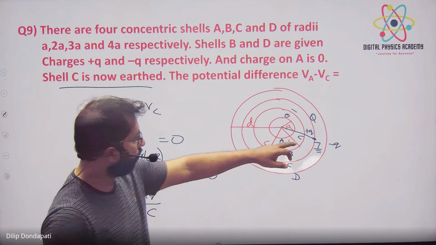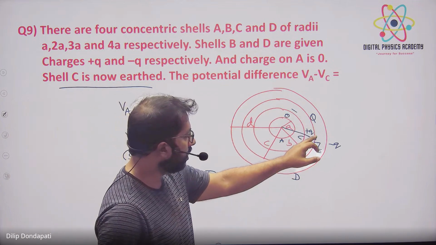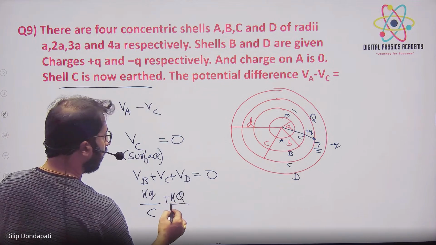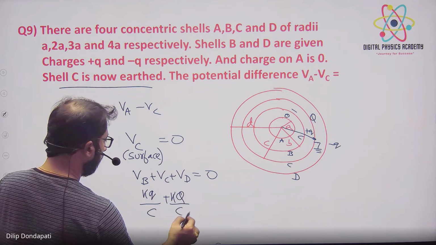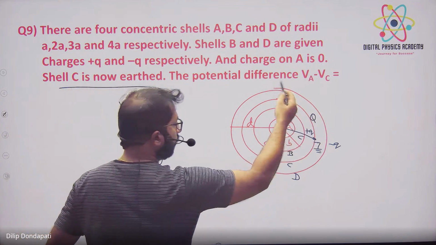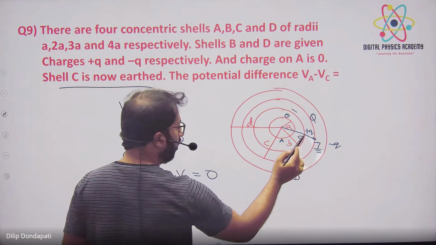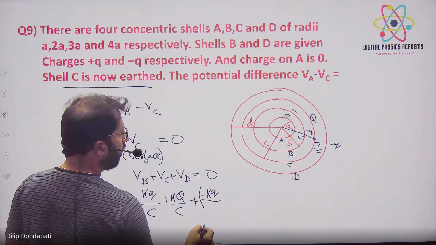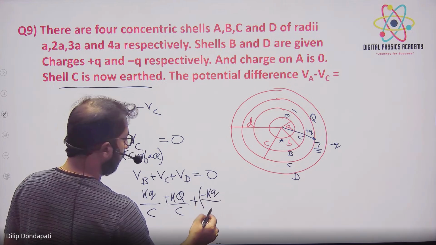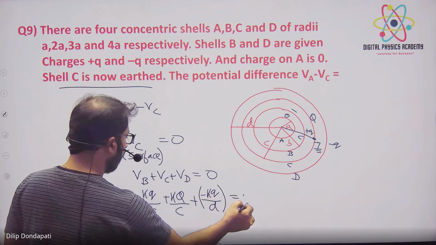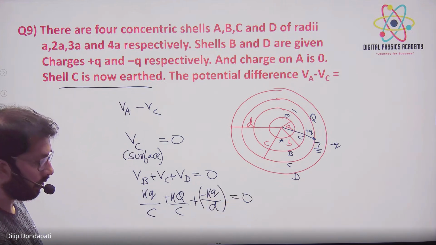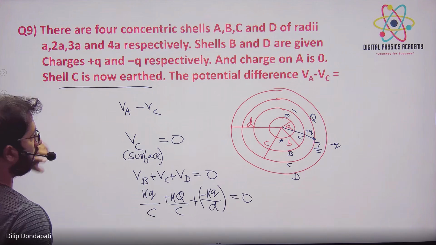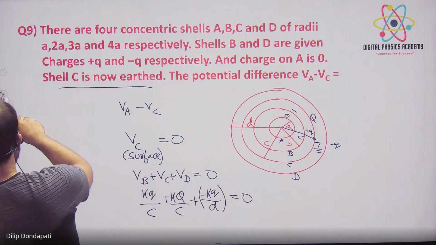Now for the third shell, C shell, this point is acting like a surface point. So how much will it be? K capital Q by C, since the surface radius is C. Plus, for the outer shell, this point is acting like an inside point, minus KQ by the radius of the inside point. How much will it be? D. Here the radii of A, B, C are given.